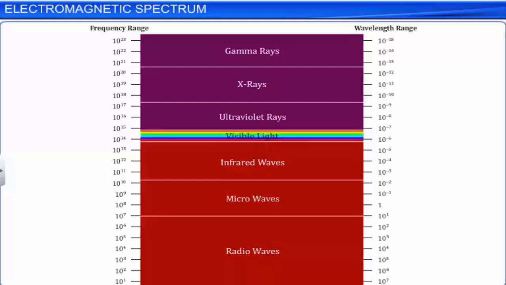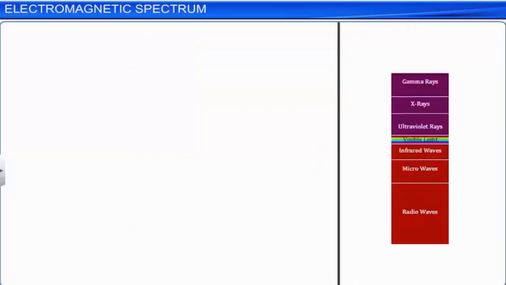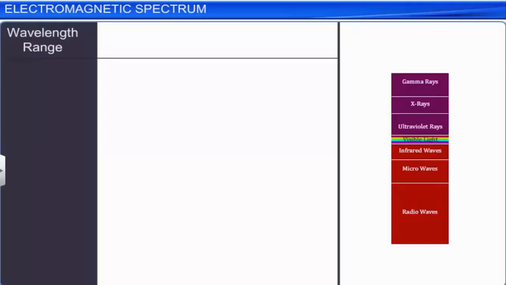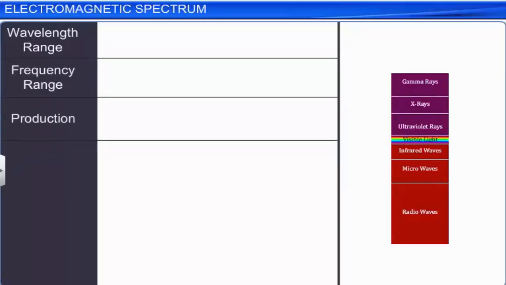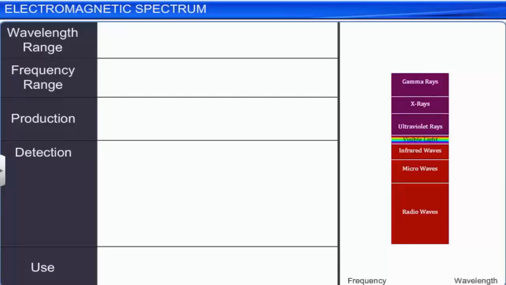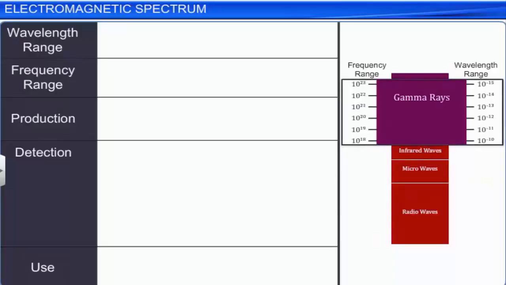Now, let us briefly discuss the wavelength range, frequency range, production, detection, and uses of all the 7 kinds of electromagnetic waves. First, we shall start with gamma rays, which have the minimum wavelength. In the electromagnetic spectrum, gamma rays have wavelength in the range of 10⁻¹⁴ meter to 10⁻¹⁰ meter.